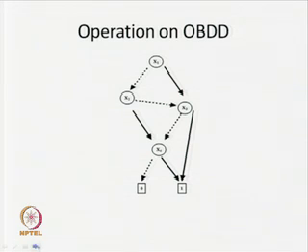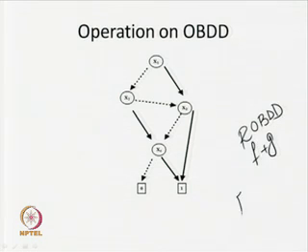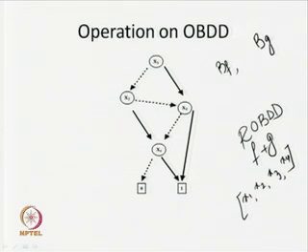Eventually we are getting the ROBDD for f plus g, and the ordering of the variables is the same as the ordering of bf and bg. This is basically x1, x2, x3, x4, where bf is the ROBDD of f and bg is the ROBDD of g.